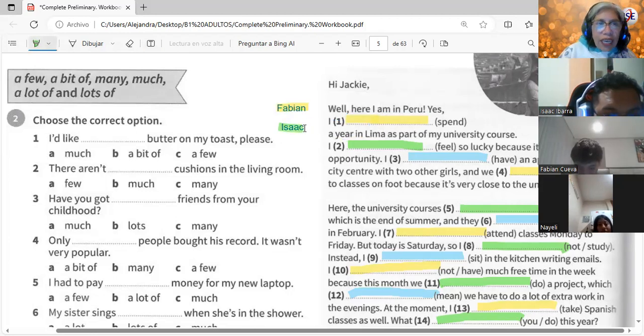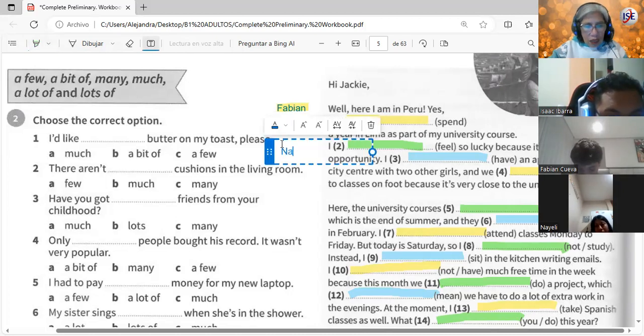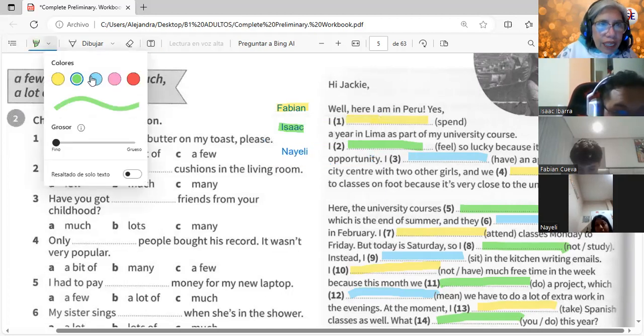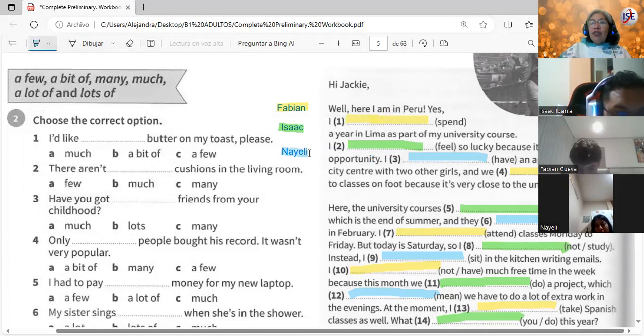And of course, Nayeli is going to be blue. You're going to do the blue lines. What's the purpose? To get the verb in parentheses and use it as simple present or present progressive in that email. Let's check vocabulary first.